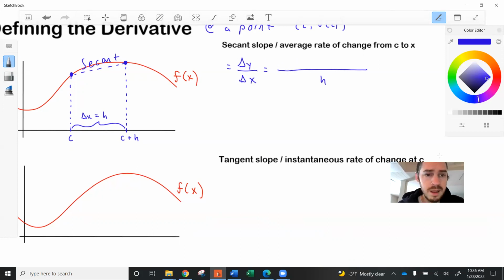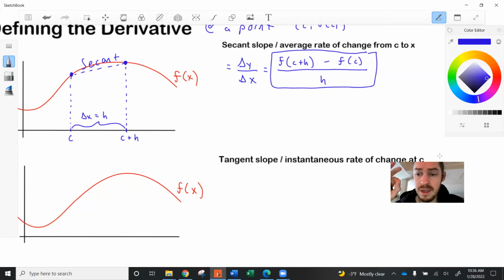But our numerator is going to be the change in y coordinate, which you can think of as y2 minus y1, but we can write that in terms of function outputs. f of c plus h, that'll be this y coordinate right here, minus f of c, which would be this y coordinate over here. So there's that right there. I'm going to put a box around that.